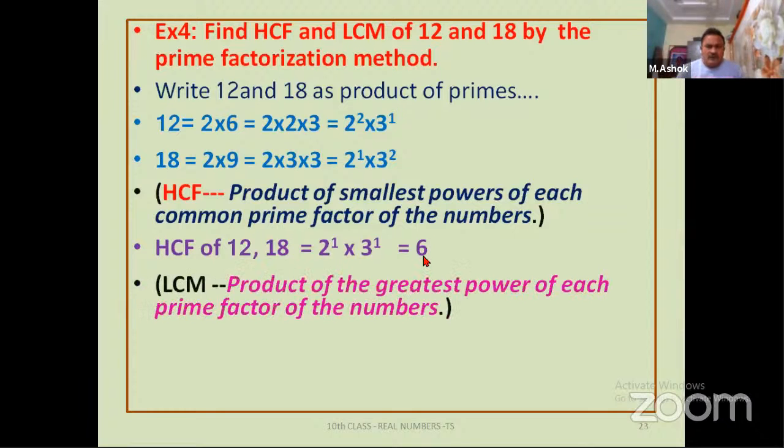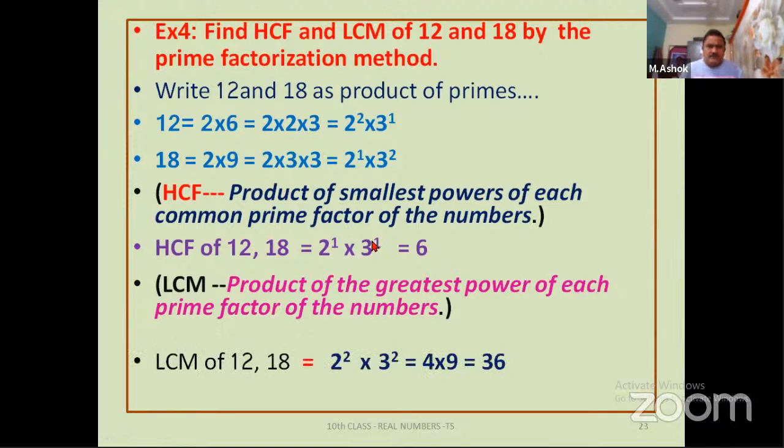Now how to find LCM? Yes, product of the greatest power of each prime factor of the numbers. So here, no need of looking at common factors. What are the prime factors there? In that, you have to take the greatest power of each prime factor.